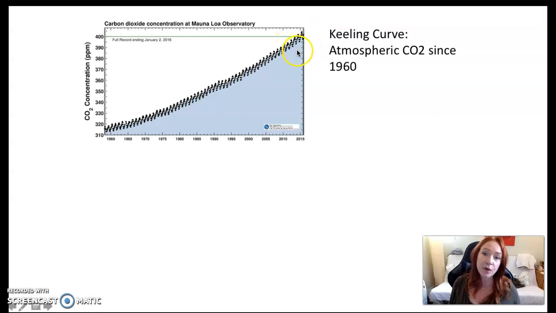The parts per million concentration of carbon dioxide in the atmosphere is over 400, and it's staying there, and it's just going up. Okay? All right, big deal. That's since 1960. That's what, 60 years ago? Who cares? That's not much. You can't prove anything with that.